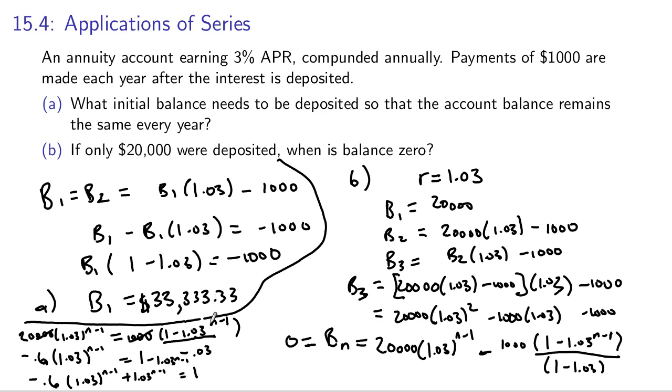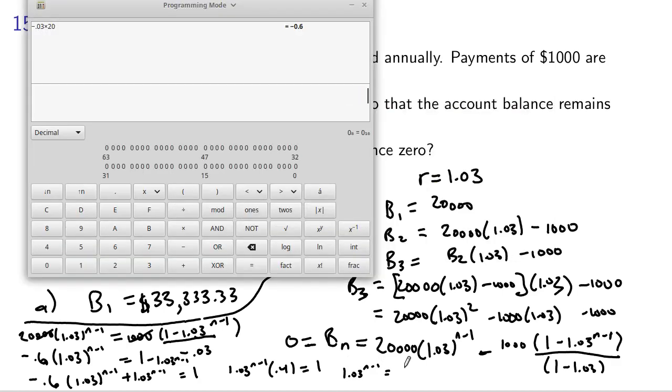We could factor out 1.03 to the n minus 1 on the left, and we'd be left with negative 0.6 plus 1, which is 0.4. Which tells us that 1.03 to the n minus 1 equals 1 over 0.4, which is 2.5.